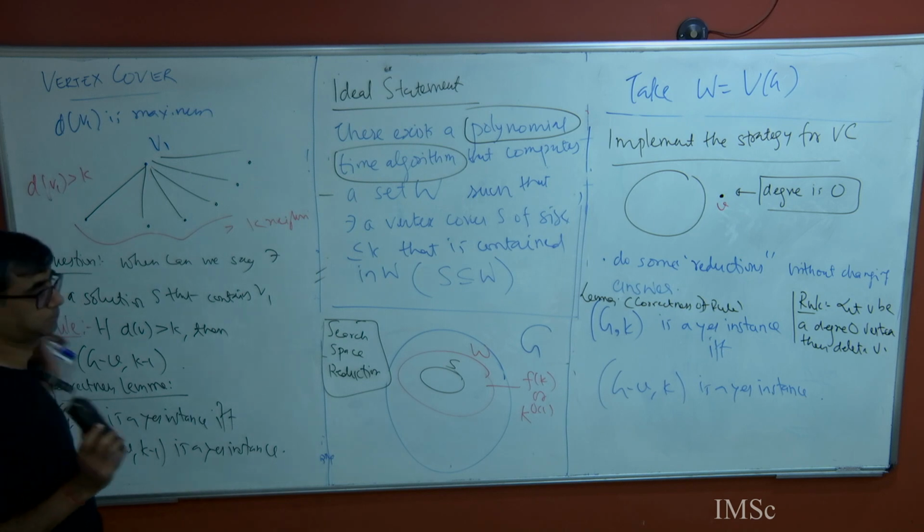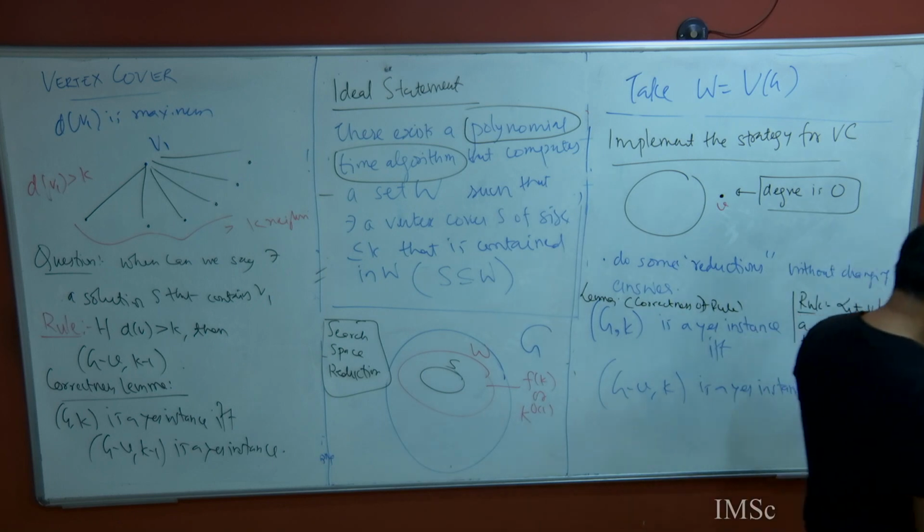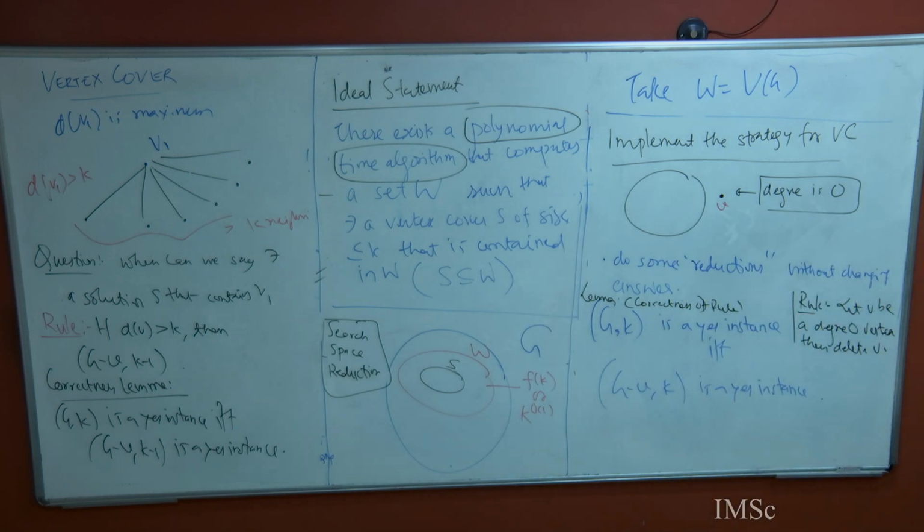Think of every vertex as a bucket. How many mangoes can it contain? At most K. So if you pick K of them, how many can they cover? K squared. Isn't it like mangoes and buckets? And that's it.